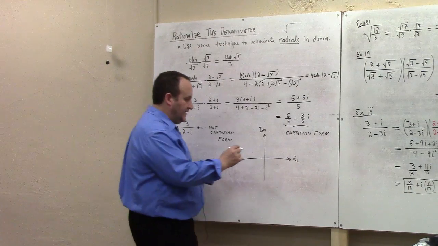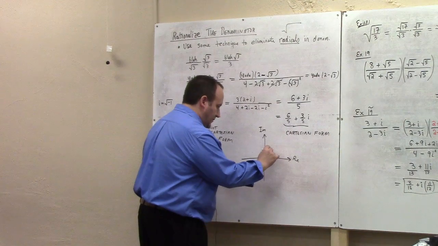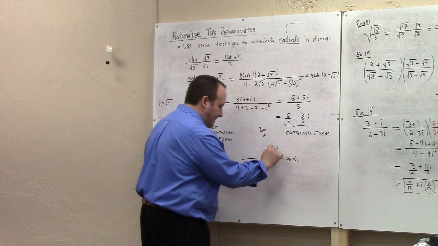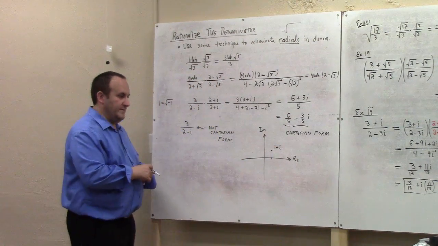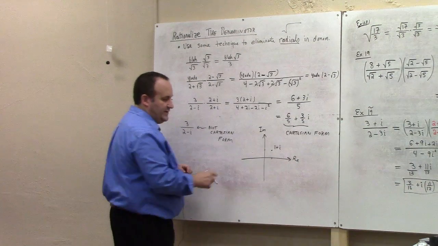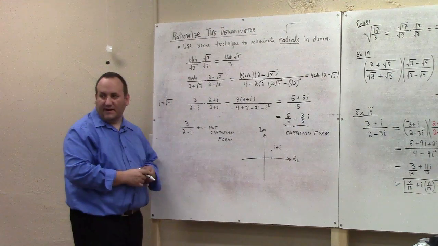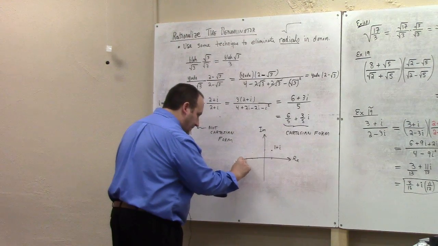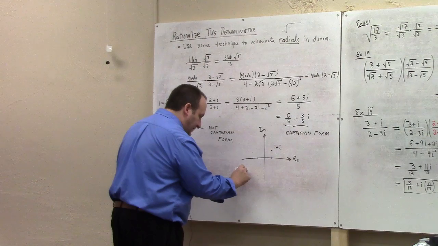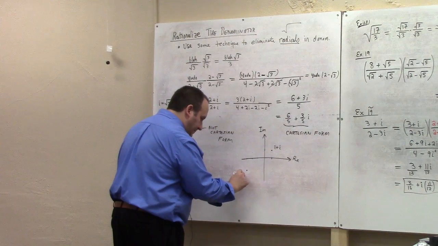So the number 1 plus i is right here. If I wanted to graph -3 minus 2i, it's right here.